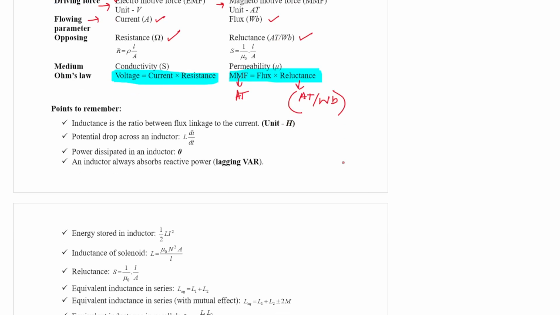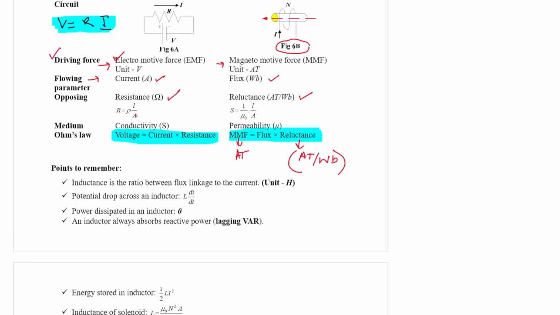Now moving to the next point, what is the medium? That is the medium through which the current is flowing. It is characterized by a parameter called conductivity. However, in case of a magnetic circuit, the medium is characterized by the permeability, which is called mu.